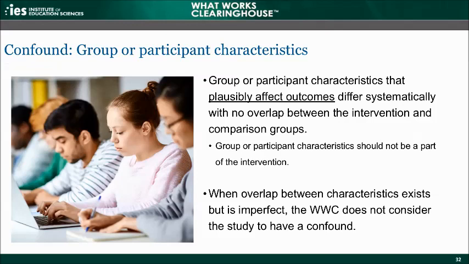Note that when overlap between group or participant characteristics exists but is imperfect, the WWC does not consider the study to have a confound. We'll go through examples of this confound next. One thing that I want to note is that, just for simplicity, we sometimes call this confound the characteristics confound. So let's go to the next slide.